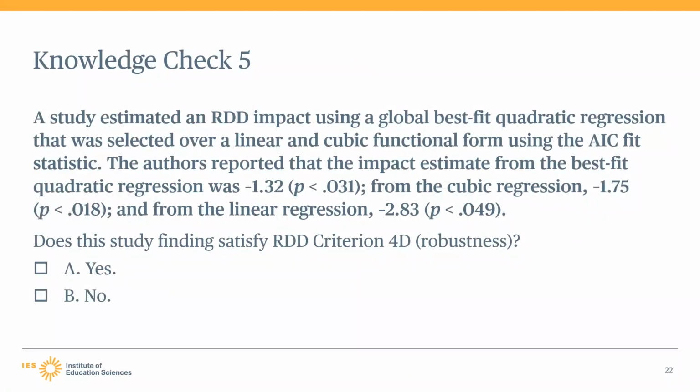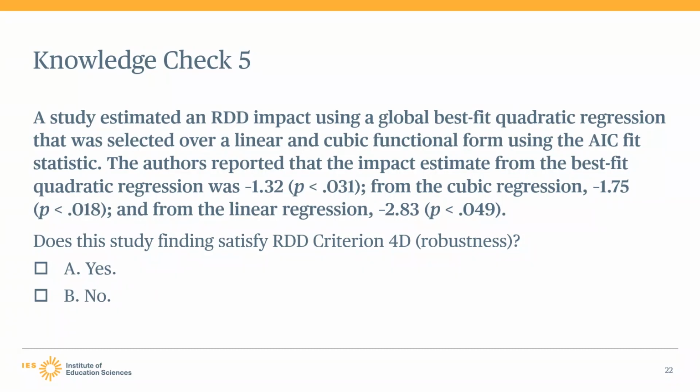Knowledge check 5. A study estimates an RDD impact using a global best fit quadratic regression that was selected over a linear and cubic functional form using the Akaike information criterion, AIC, fit statistic. The authors report that the impact estimate from the best fit quadratic regression was -1.32 with a p-value less than 0.031.